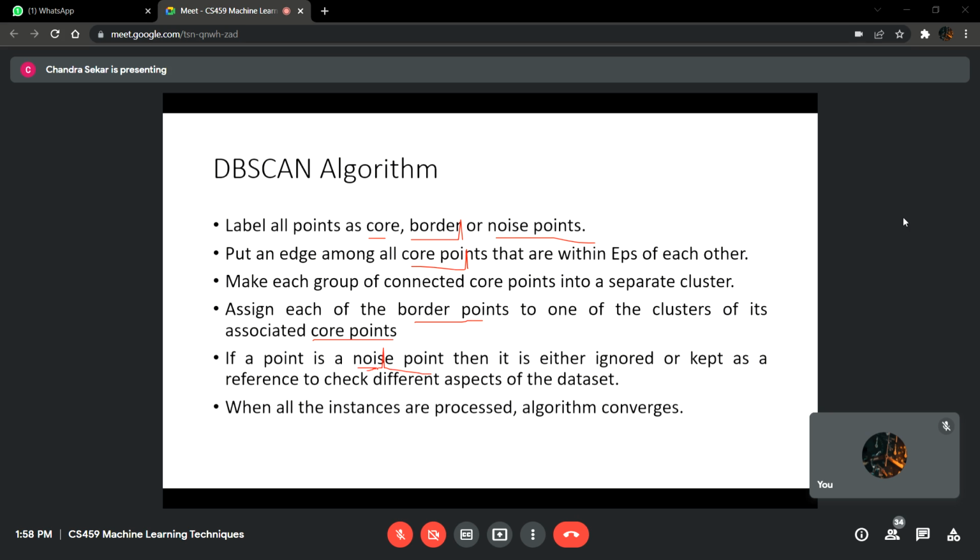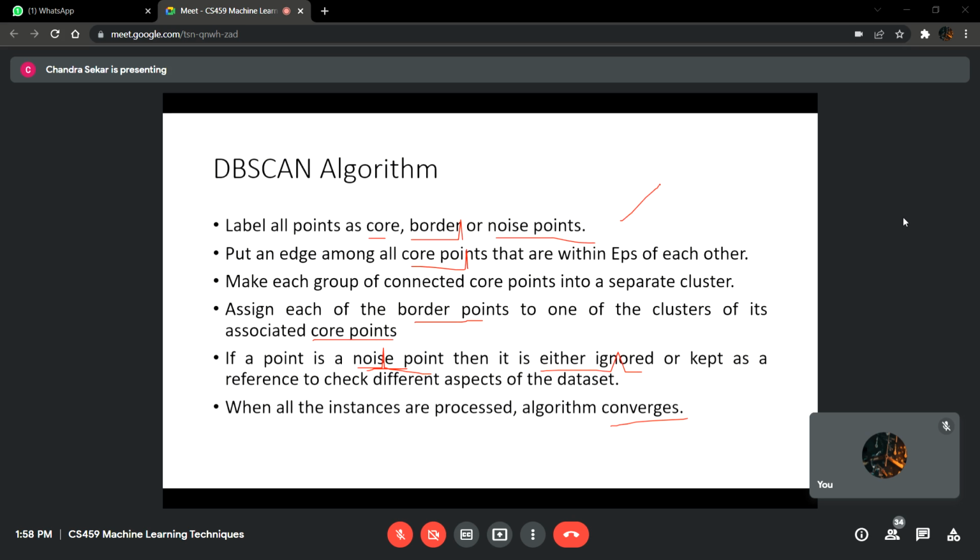These noise points can be ignored. Generally, noise points will not be put into any cluster, they will be ignored, or they can be kept as such for further processing related to the data set. When all these processes are done, the algorithm will terminate.